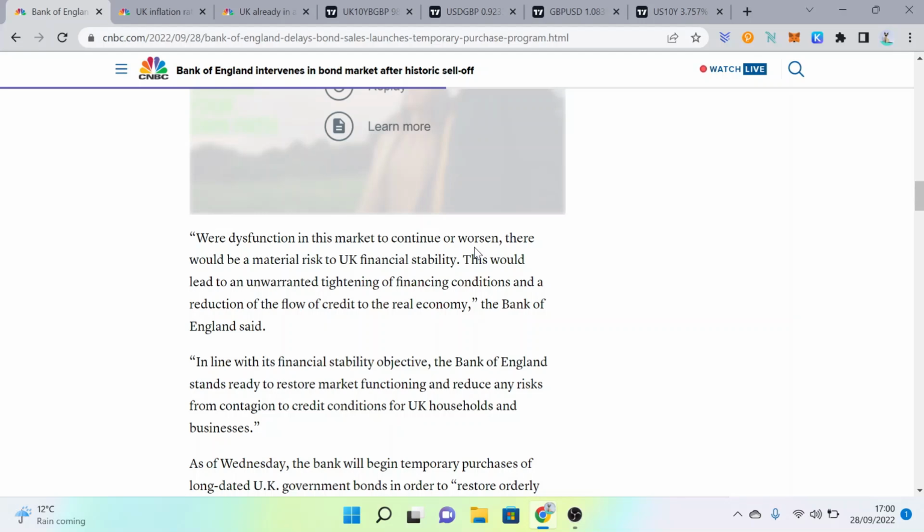Liquidity, in other words. The Bank of England said, in line with its financial stability objectives, it stands ready to restore market functioning and reduce any risk from contagion to credit conditions for UK households and businesses.